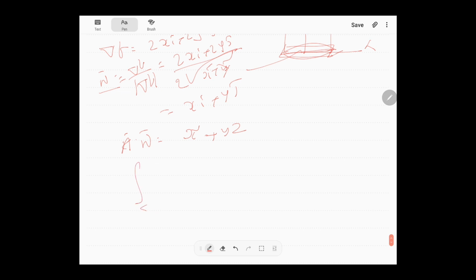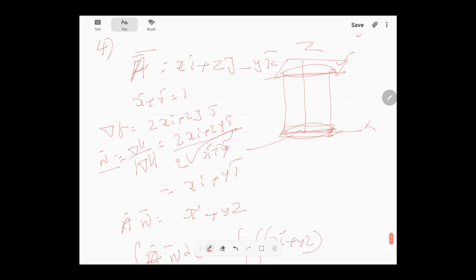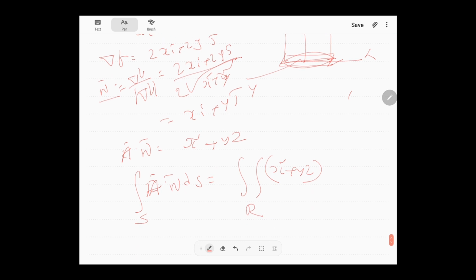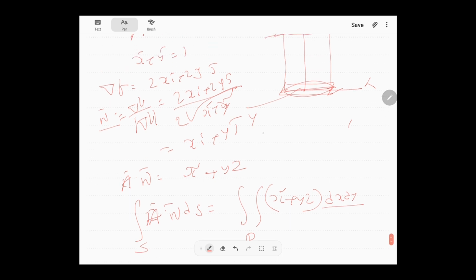In fact, we require the integral over S of A bar dot n bar dS. As I said, we have to take the projection on one of the planes. The double integral over R of x square plus yz, dx dy: I am taking the projection on the xy plane. If I take the projection on the xy plane, I will get dx dy by n bar dot k bar.